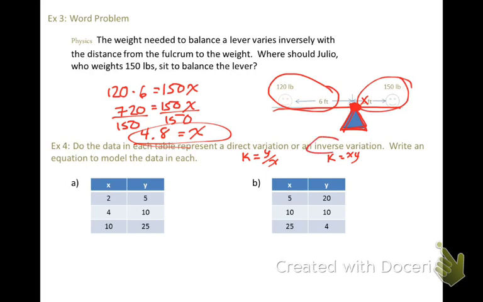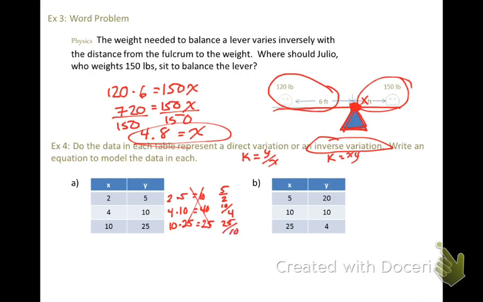So I'm going to do the easy one. I'm going to do the inverse variation. That's the X times Y. So I'm going to go 2 times 5, 4 times 10, and 10 times 25. And that equals 10, 40, and 250. They're not the same, so it's not inverse variation. So we're going to try Y over X. 5 over 2, 10 over 4, and 25 over 10.